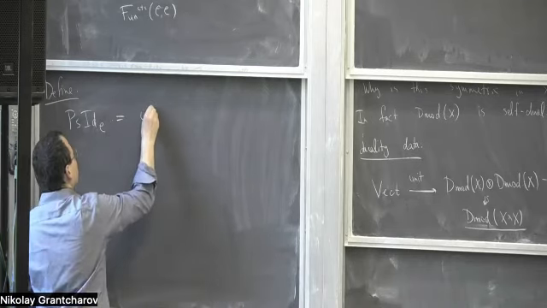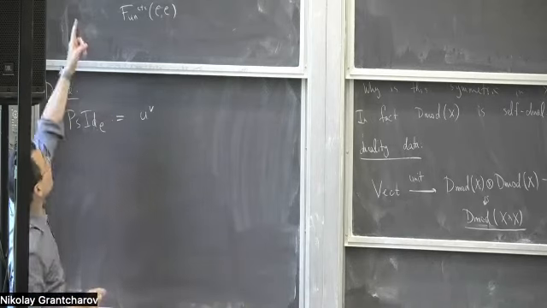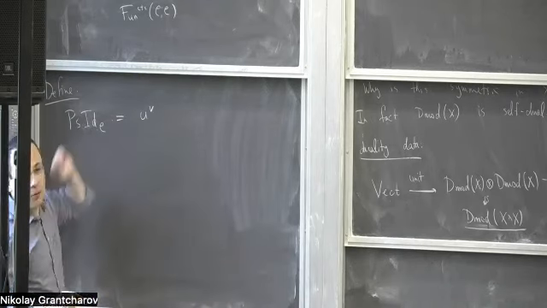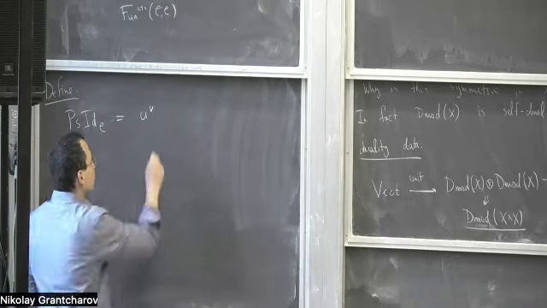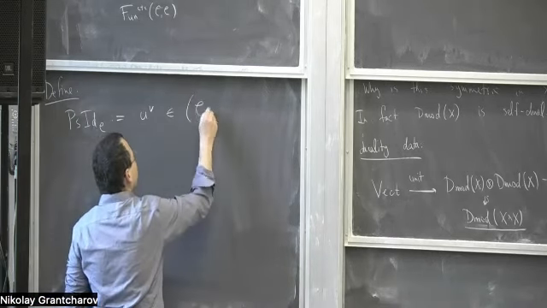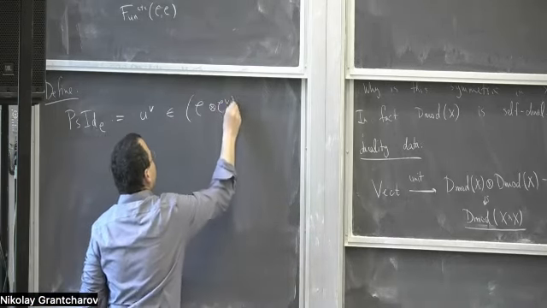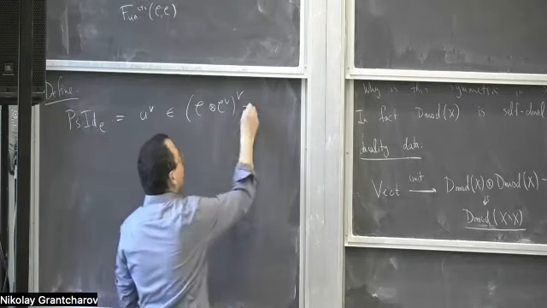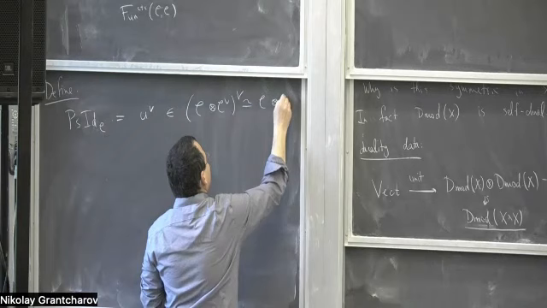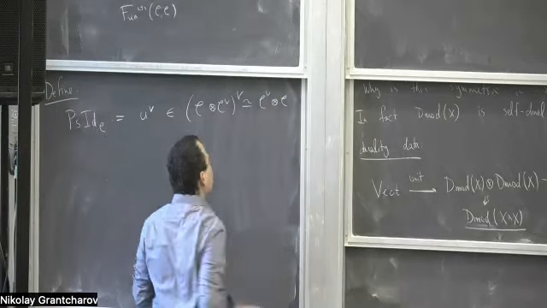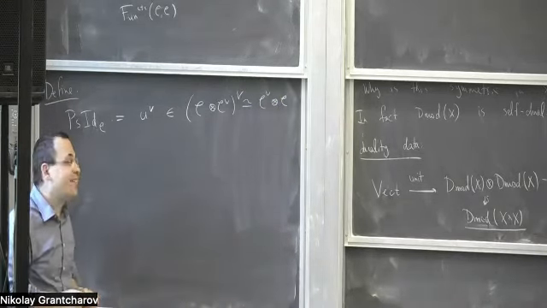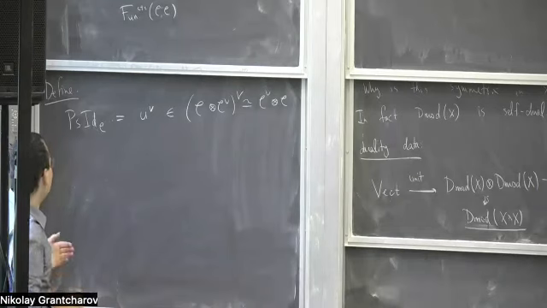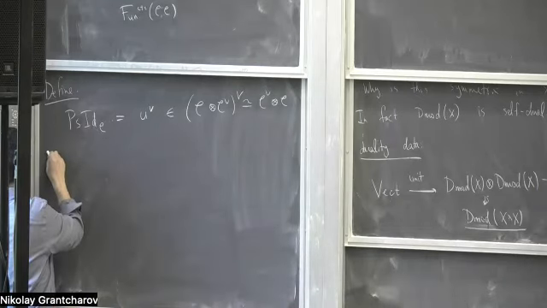This is just this check construction applied to the unit as an object of C tensor C check. So this is an element of C tensor C check, which we can again identify as C check tensor C. So this is the pseudo identity.